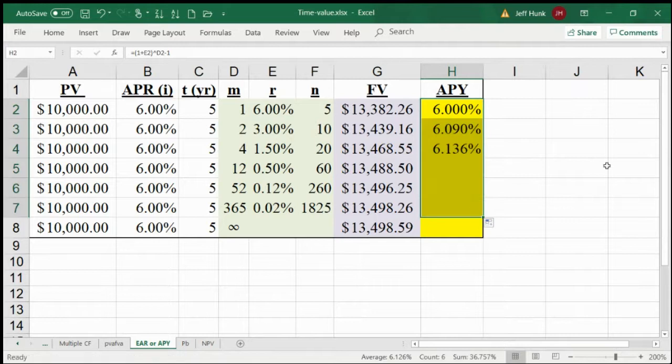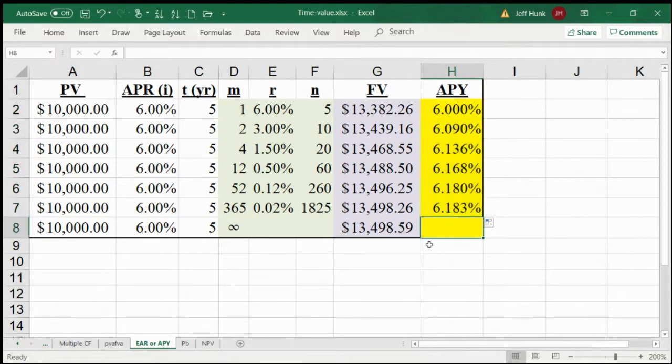But then try this. They are clearly different, right? And then what about the APY for continuous compounding?